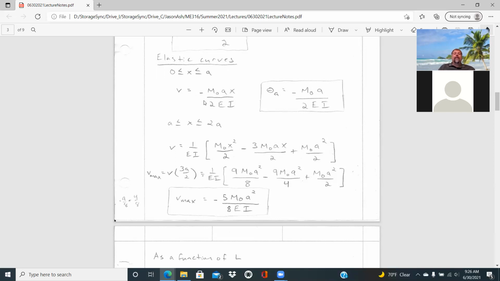And then for that second section, as you plug back in the constants of integration, you just end up with the displacement is equal to M0 x squared over 2 minus 3 M0 a x over 2 plus M0 a squared over 2, divided by EI, that whole quantity.